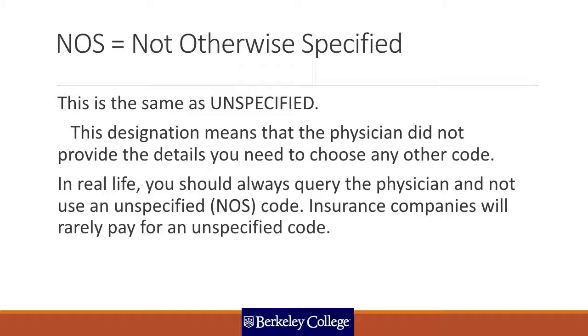With this scenario, and no opportunity to query Dr. Moss for more specific details, you would have to report the code for infection NOS unspecified because Dr. Moss, in fact, did not specify what type of infection the patient has.